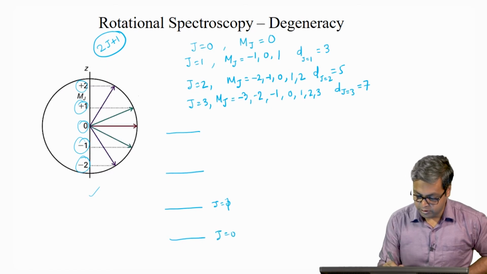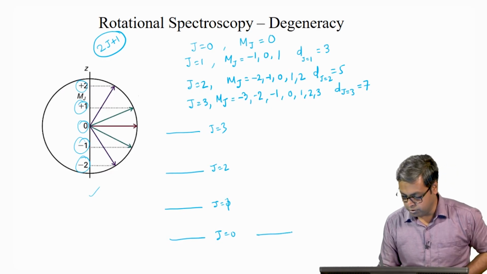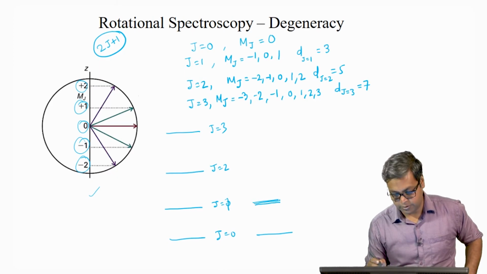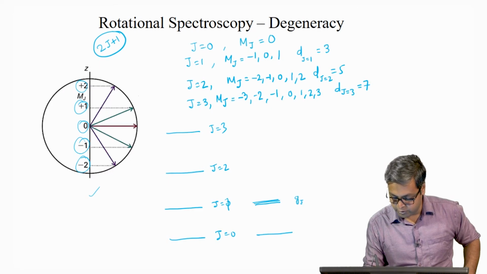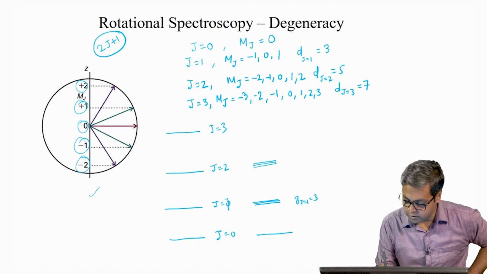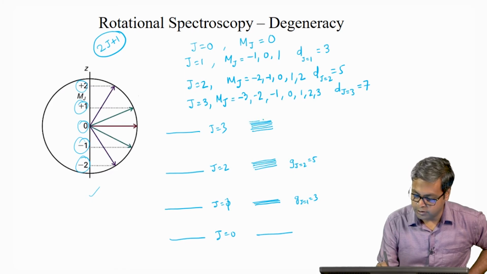So, we can see in terms of the energy level diagrams, let us say j equals 0, j equals 1, j equals 2, j equals 3. So, j equals 0 is non-degenerate. For j equals 1, there are 3 levels of equal energy, so g_j for j equals 1 is 3. For j equals 2, we have 5 levels of equal energy, so g for j equals 2 is 5, and for j equals 3, there are 7 levels of equal energy, so g for j equals 3 is 7.